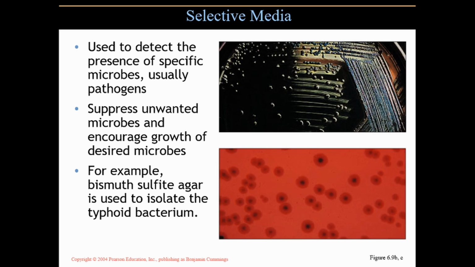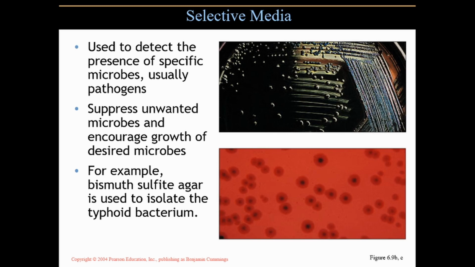So they have stuff in them that's going to encourage the growth of desired microbes, the ones that you want to grow, and at the same time it's suppressing the ones that you don't want. And you can use it to detect for the presence of these pathogens as well.